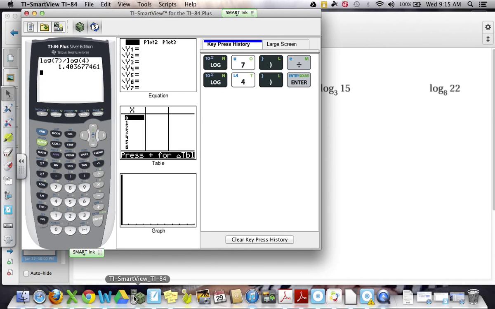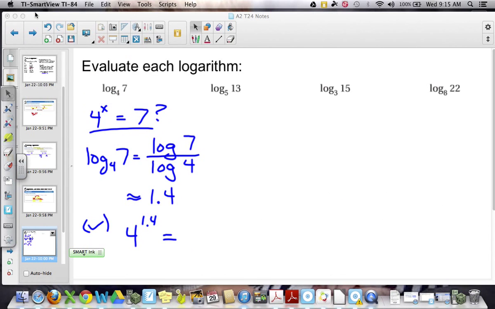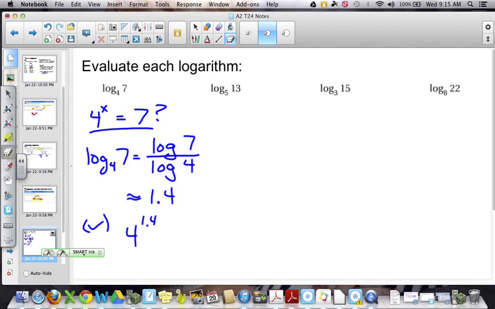If we do 4 to the power of 1.4, we come up with 6.96. If we round that, it's equal to 7. So it doesn't come out exactly right, but we can tell we're on the right track because it approximately equals 7.